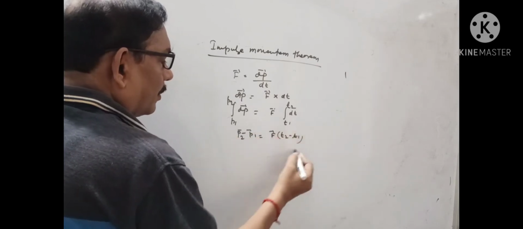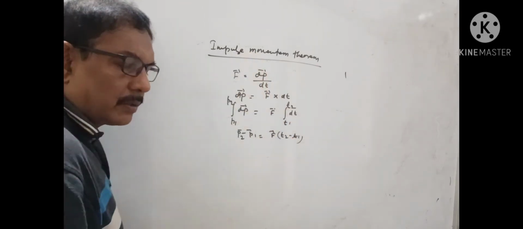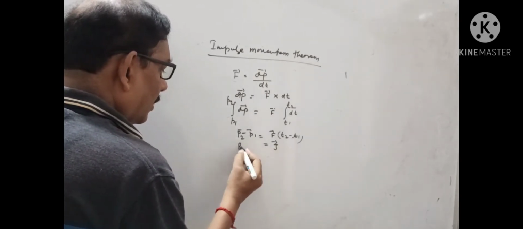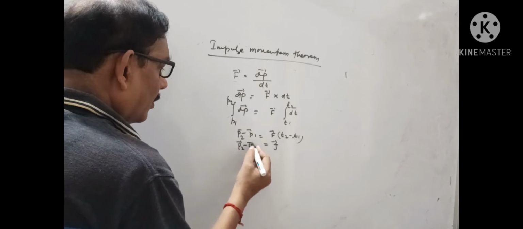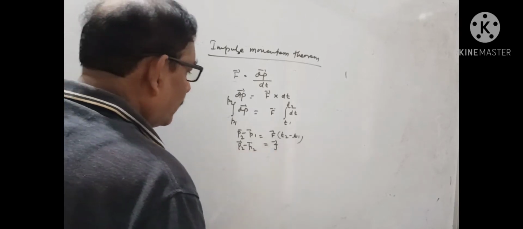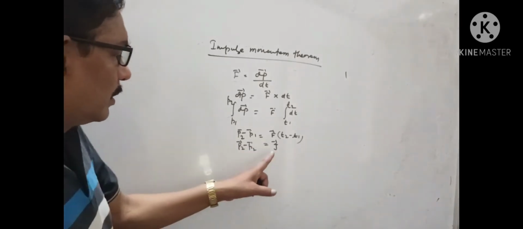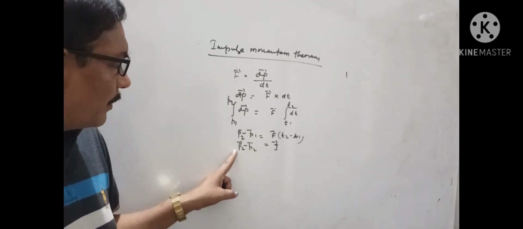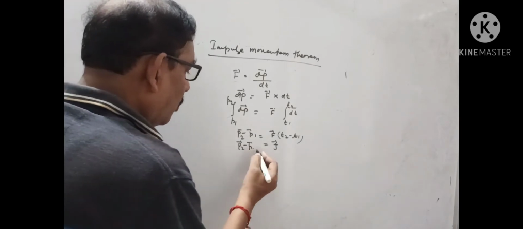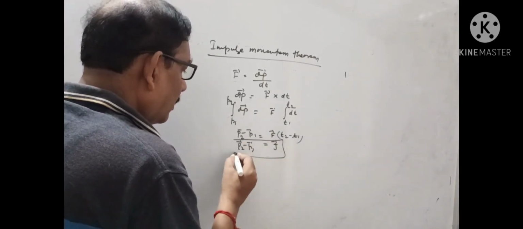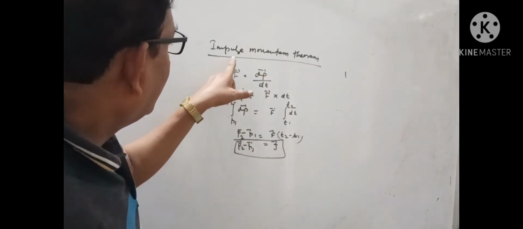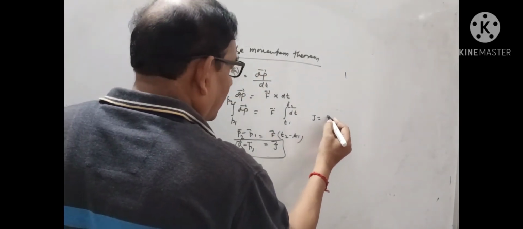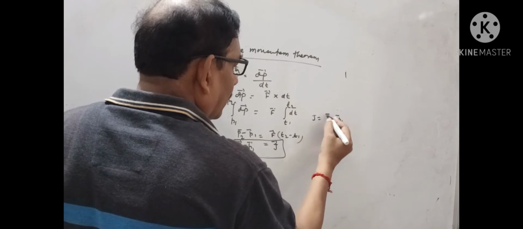This gives you your impulse, that is J. It is your change in momentum. So the impulsive force is equal to the change in momentum, that is P2 minus P1. It is your impulse momentum theorem. Or simply it is written in this way: J is equal to P2 minus P1.